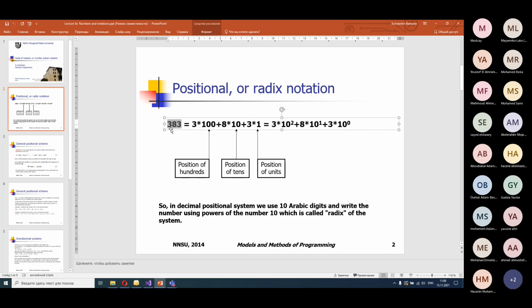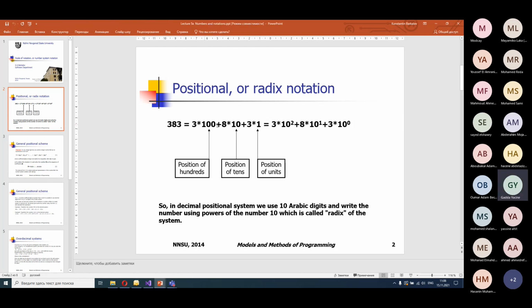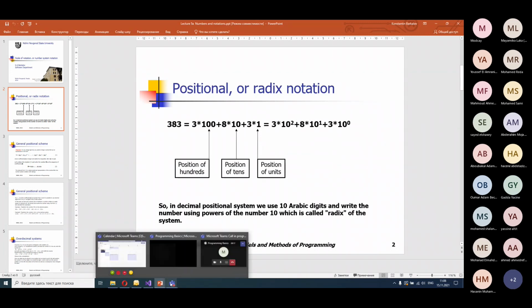But this short form can be interpreted as 3 times 100 plus 8 times 10 plus 3 times 1. So this is the position of units, this is the position of tens, and this is the position of hundreds.